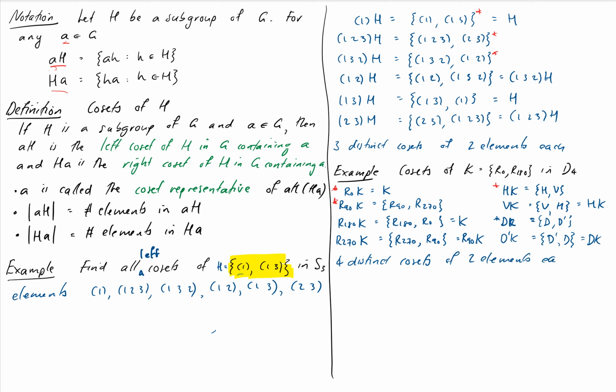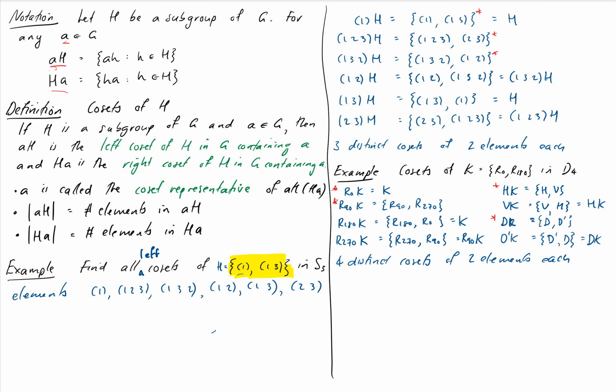So each time the number of elements in the coset appears to be the same as the number of elements in the subgroup, and it seems to be splitting our group up into a number of distinct sets that don't overlap. So again, if you look at the 4 cosets that I've identified as being unique, there's no crossover between any of them and any other one.